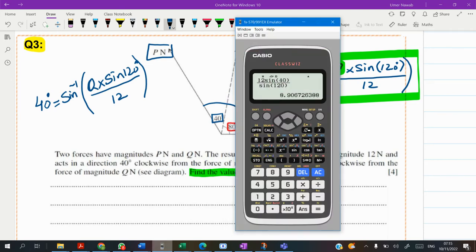Now I can use the calculator directly to find this Q force. How? I write 40 equal sign and then inverse sine. Make sure your calculator is in degree mode, then write a fraction. In the place of Q, because Q is unknown, I will write X times sine of 120, close the bracket, bring the cursor down in the denominator, write 12, and now close the bracket.